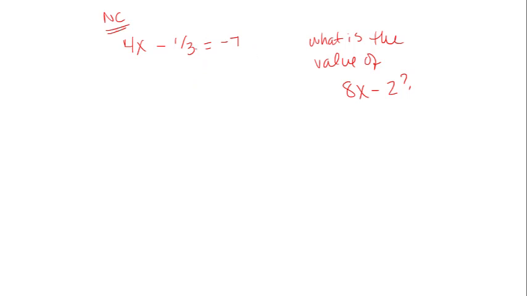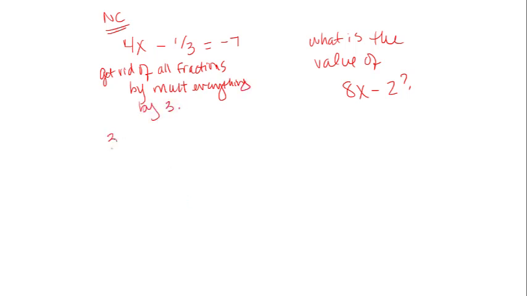Well, the problem is you have this denominator of 3. So what you can do is get rid of all fractions in the problem by multiplying everything by 3 right now. So we're going to distribute a 3 into the entire problem.